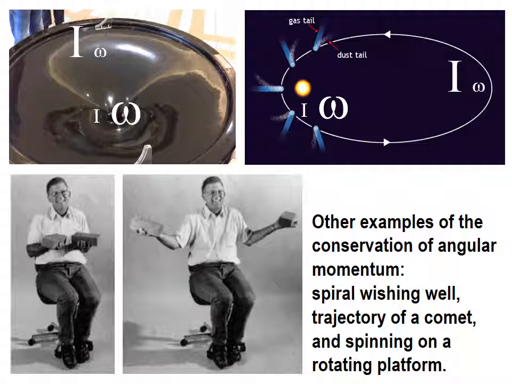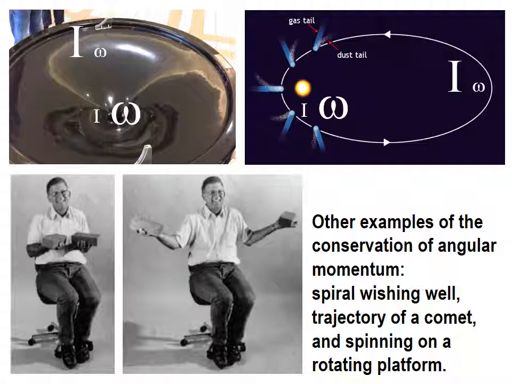As that comet comes close to the sun, it has approximately the same mass, but its distance is much, much smaller, which means its rotational inertia is much smaller, which means that its angular speed must be much, much larger. It's going to whip around the sun as it gets closer to the sun.